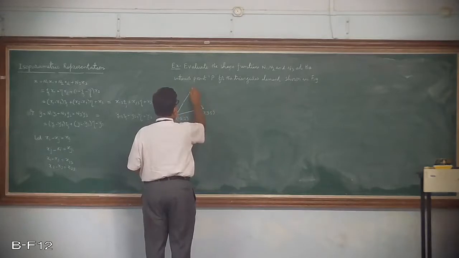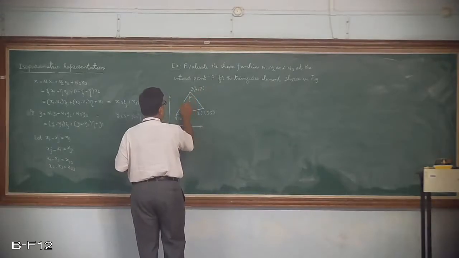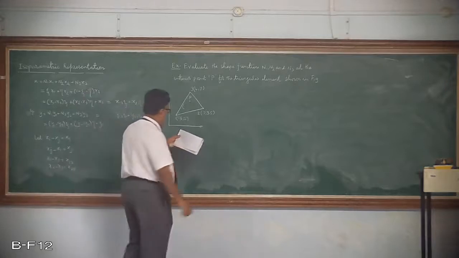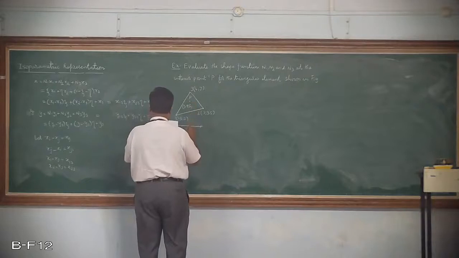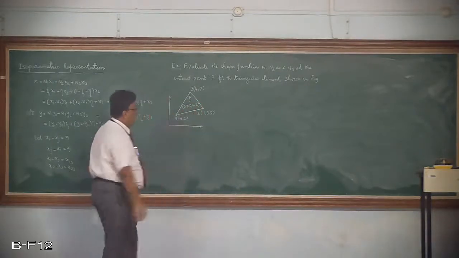And the coordinates of node 3 are 4 and 7. There is an interior point P whose coordinates are also given: 3.85 and 4.8. These are the x and y values at the point P.